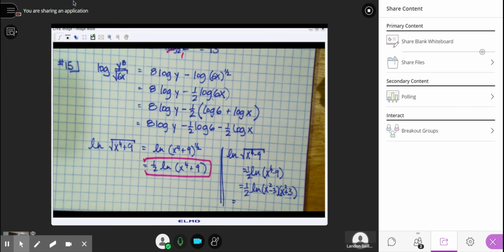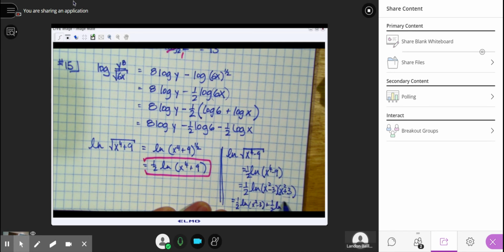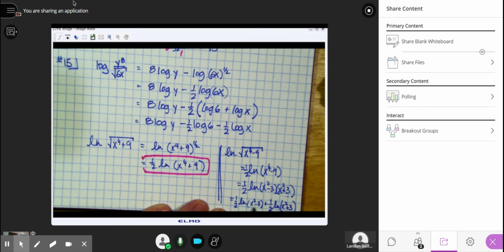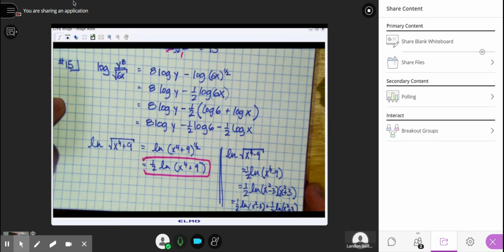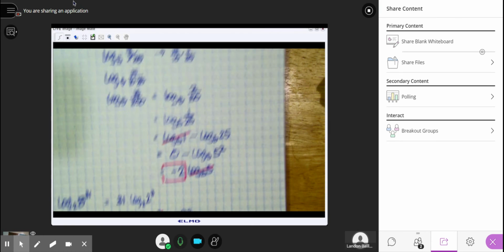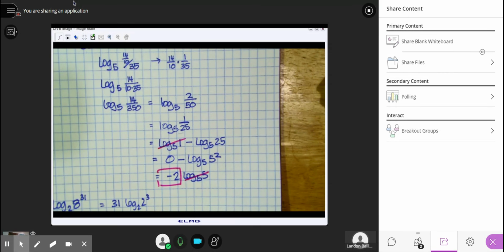Yes. Although some would argue that you could do the difference of squares and do an x plus root 3, x minus root 3 there. It just sort of depends a little bit. All right, what other one did you have?